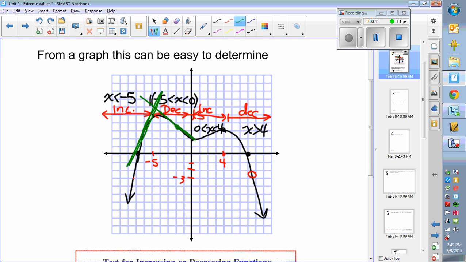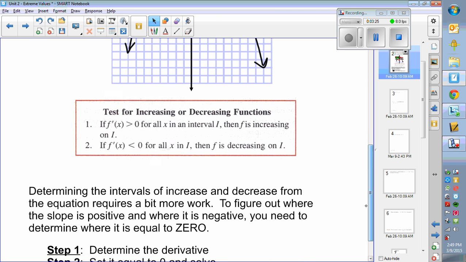So slopes of tangent lines are always positive in increasing areas and always negative in decreasing areas. This is where the calculus comes in, because slope of tangent line is just the derivative f prime.